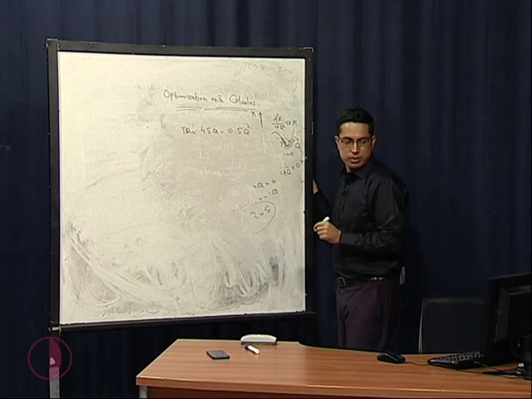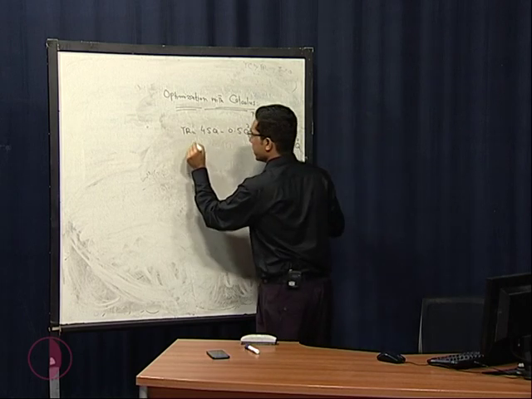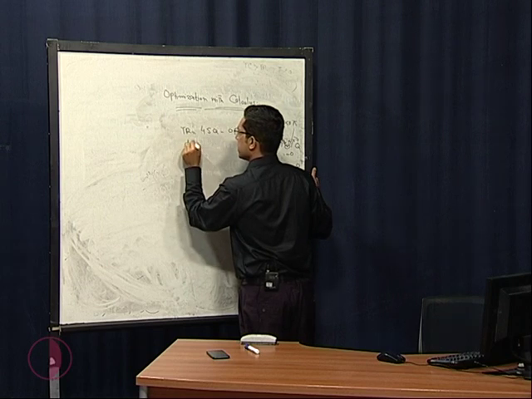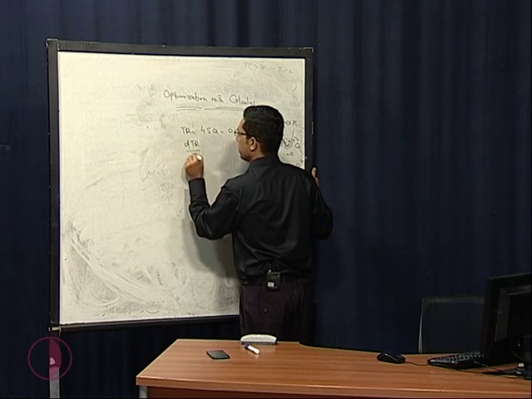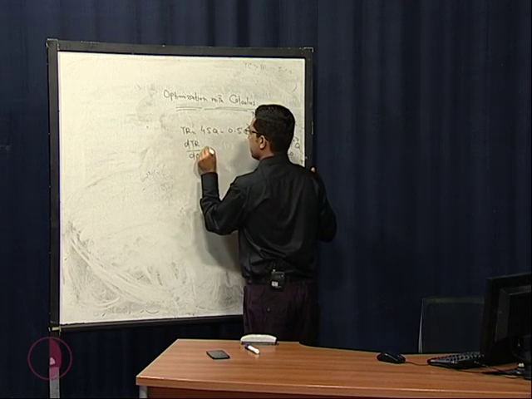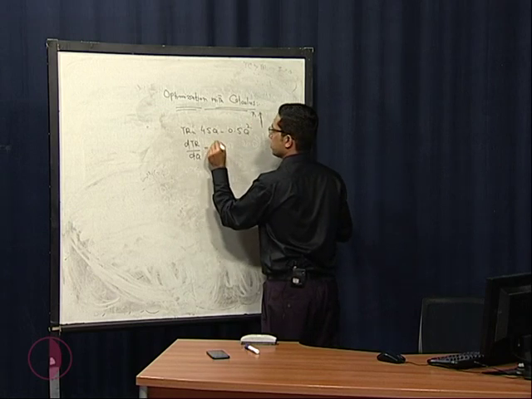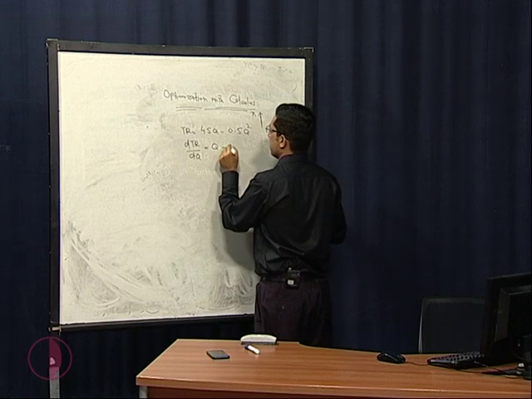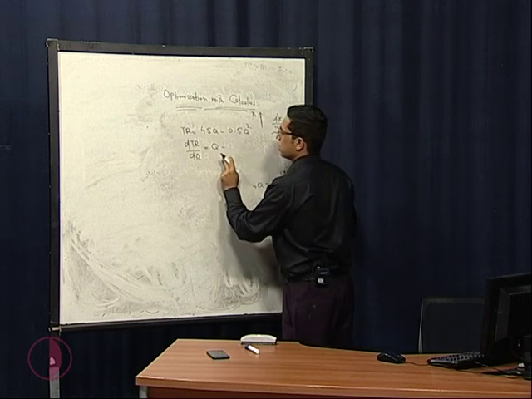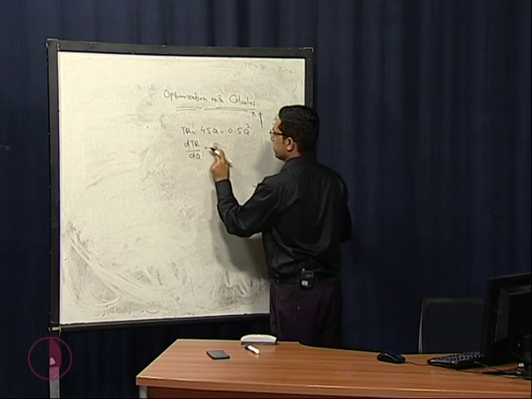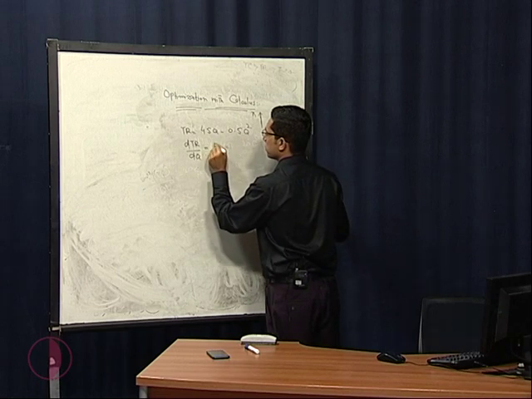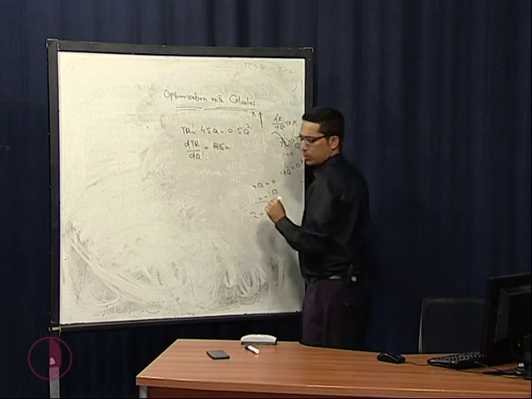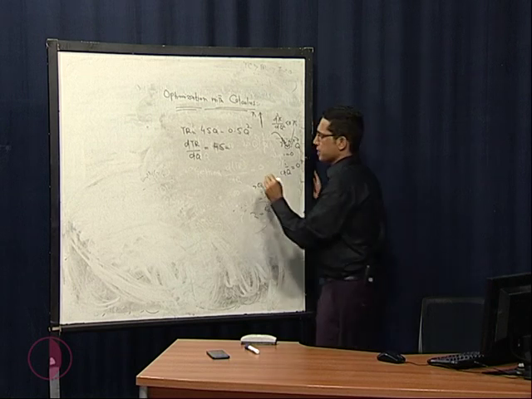This is the total revenue function. Taking the first derivative, change in total revenue due to change in Q, with respect to Q, is 45 minus Q.